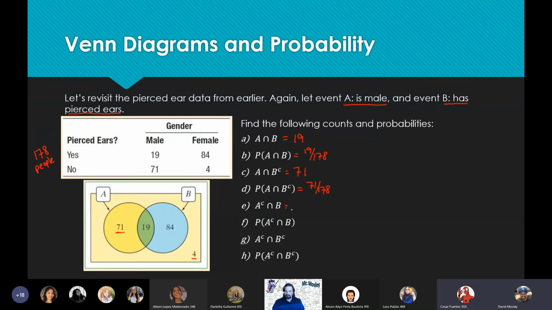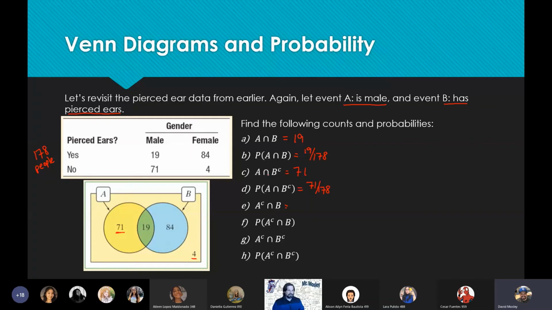Could you explain it again? Yeah. So I first looked at the two events being considered. I have A, male, or this yellow circle here, and B complement. B complement says everything not part of B, right? So I lose the 19 and the 84 because those are all part of B. The only thing that I haven't considered that's not part of B besides the 71 is the 4 that makes up the rest of the sample space.